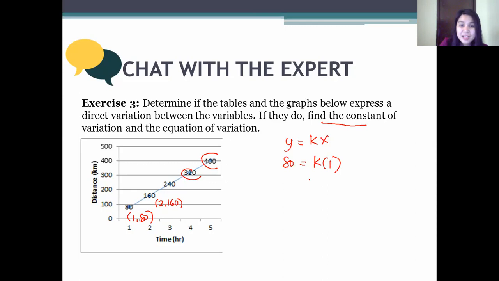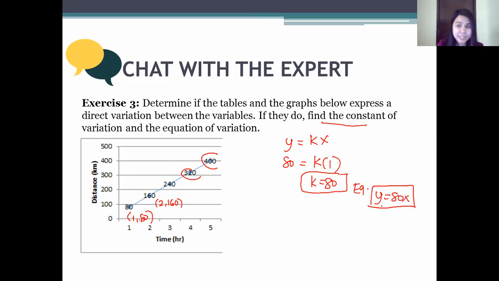Very good. Our constant of variation is what AP said. It's k equals 80. And Isabel wrote our equation of variation. Our equation is y equals 80x. Now let us check if it's a direct variation. Ready?